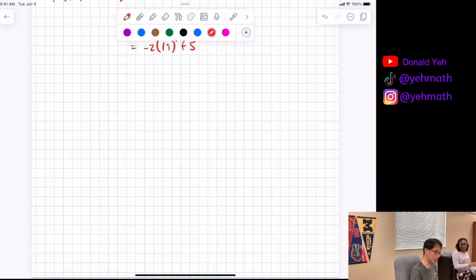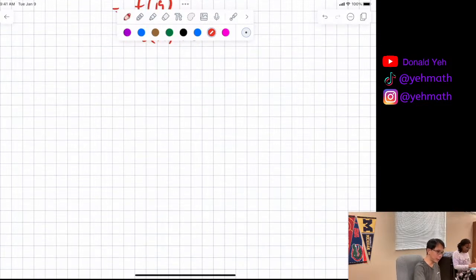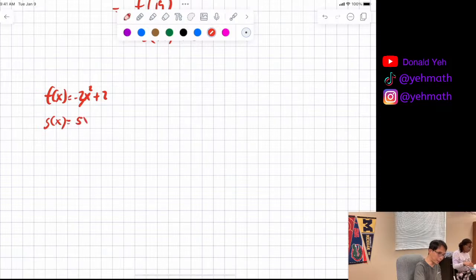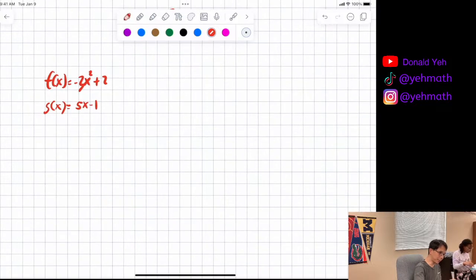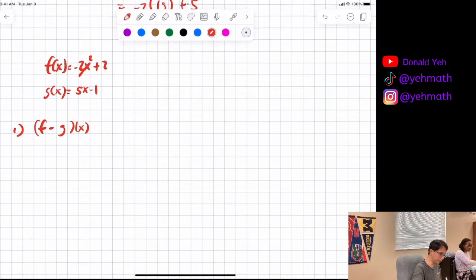Okay, so I want you to check each other. I want to give you f of x here, and that's equal to 3x squared plus 2. And g of x is equal to 5x minus 1. I want to ask you a few operations. First, what is f minus g of x? Be careful.